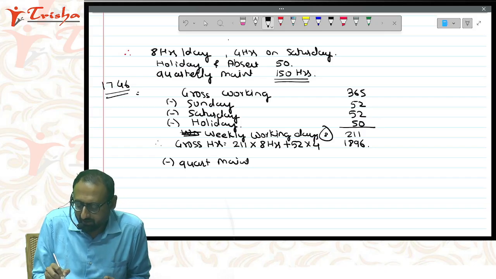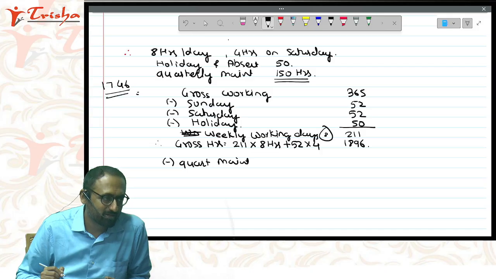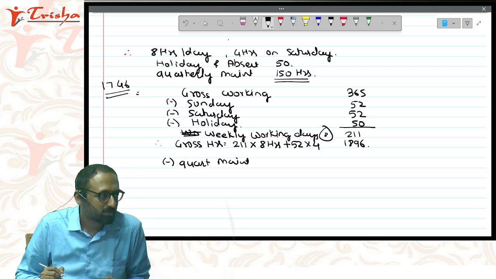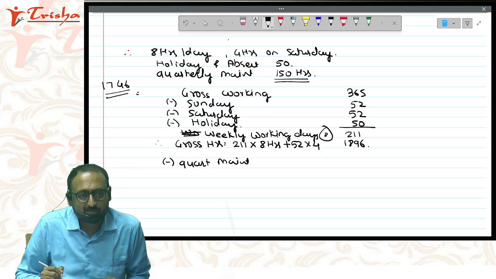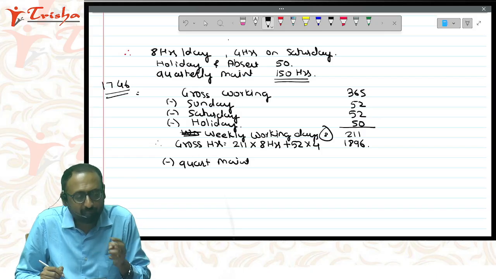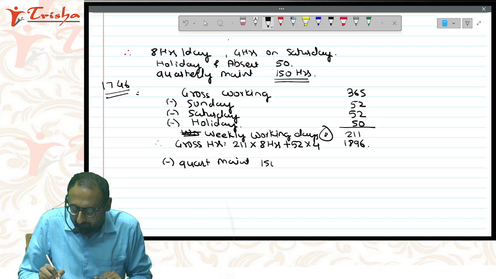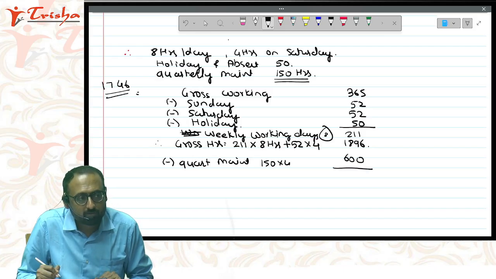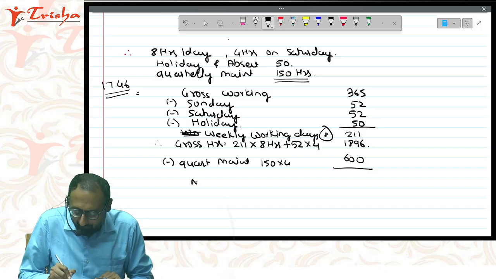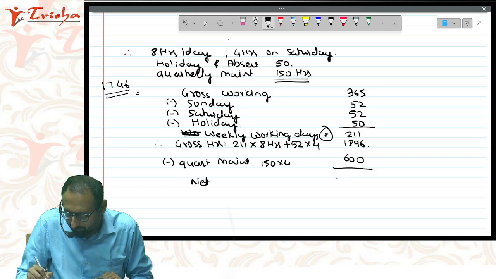How much have you deducted for quarterly maintenance? One student deducted 150. But it is quarterly, Sarji. So per quarter 150 hours, so 150 multiplied by 4. Is it 600 hours gone? So how much will be your net effective hours? Your net effective hours will be 1296. Correct, sir?